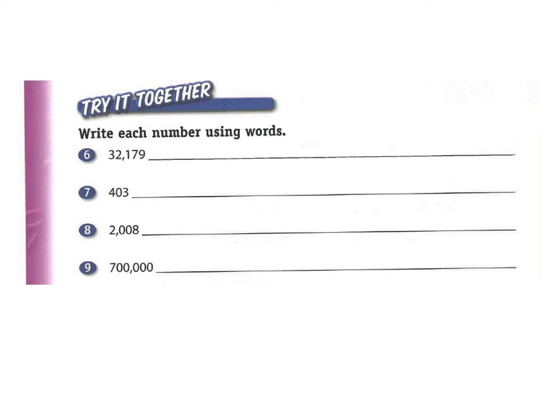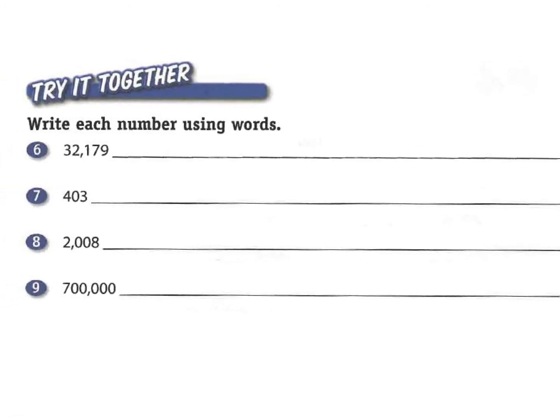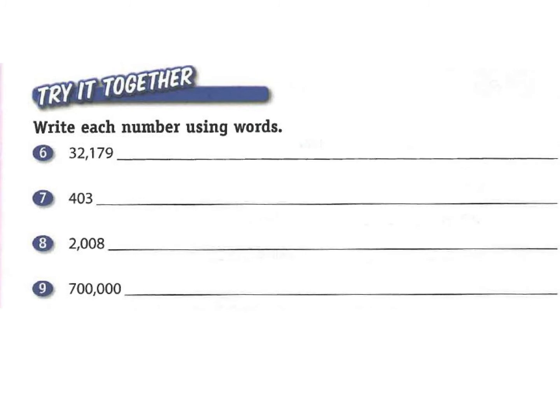So now, again, we're going to write each number using words. I'm going to give you these examples, and then you are going to try these on your own. So I'm going to zoom in a little here so we can write this because some of these are bigger numbers. And again, I'm going to write it. You pause and then write it down when you are ready. So I'm going to read this. It's 32,000.